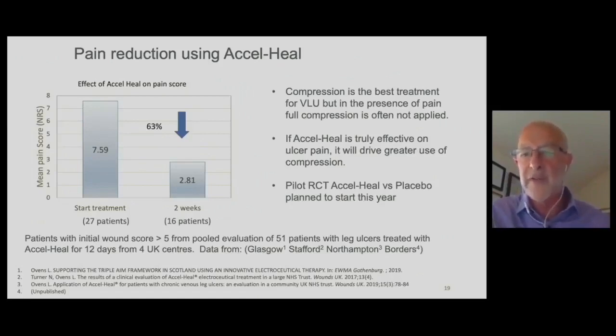But often, if the patient experiences a lot of pain, full compression is not applied. If Accel-Heal really could reduce ulcer pain, it could drive greater use of compression, and that will give you faster wound healing, because it's really important that you apply compression and drive the edema out of the tissues. And with some colleagues, we hope to start a pilot RCT on that later this year.